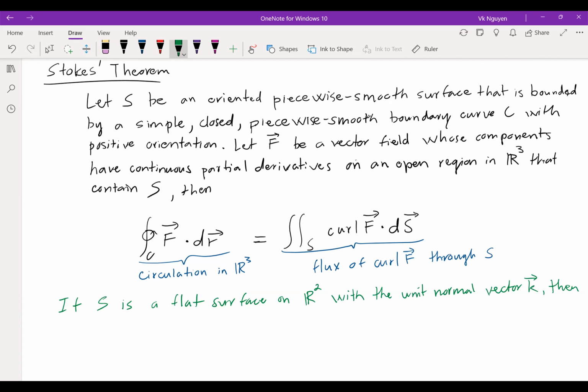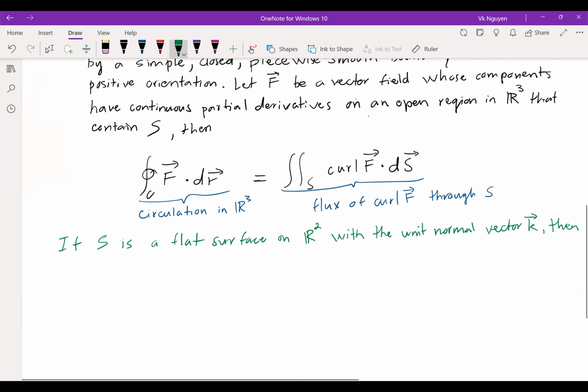Then what we have here is the circulation, the integral of F dot dr, is the surface integral of curl F dot dS.